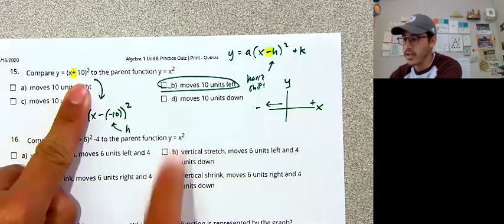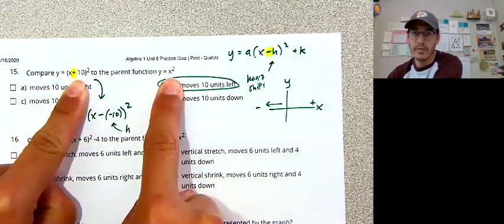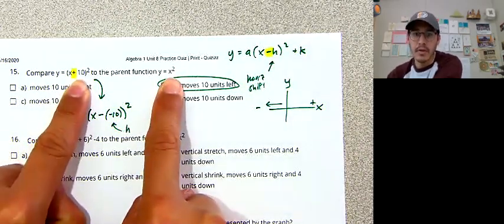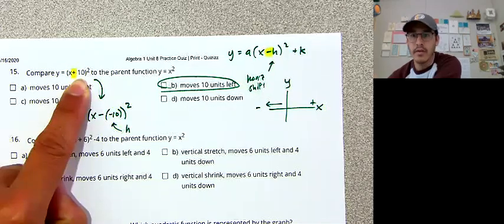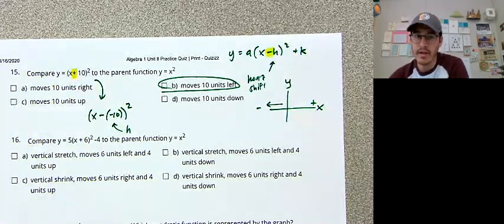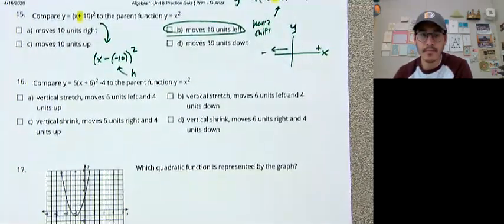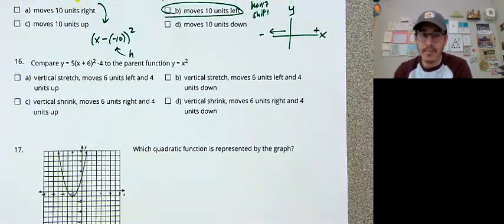So type this function and compare the two. You kind of have to build your intuition for these kinds of problems, because your natural instinct is to think plus 10 goes to the right, but in reality, it's the exact opposite of what you would intuitively think.